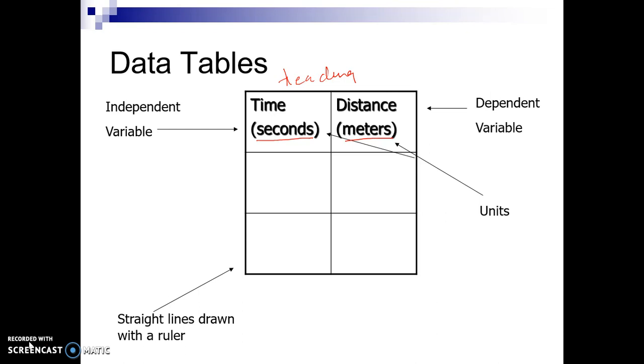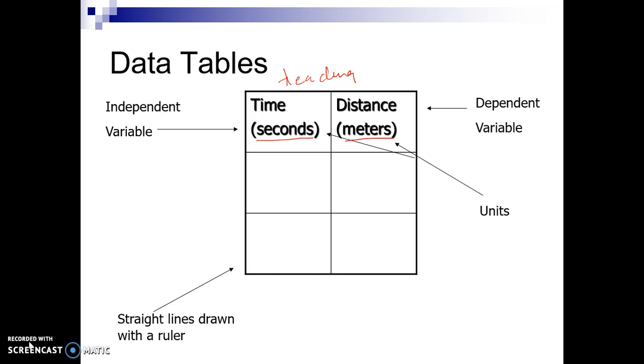When both variables are on the top, the independent variable comes on the left side and the dependent variable comes on the right side.